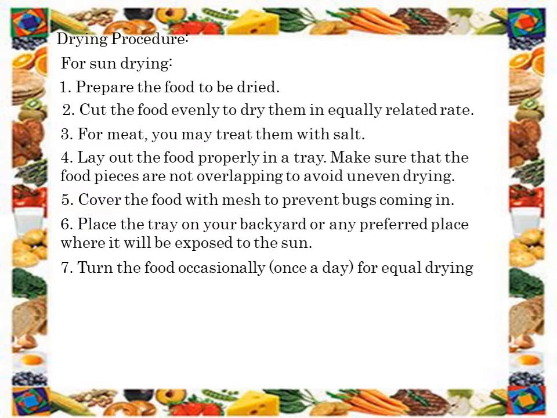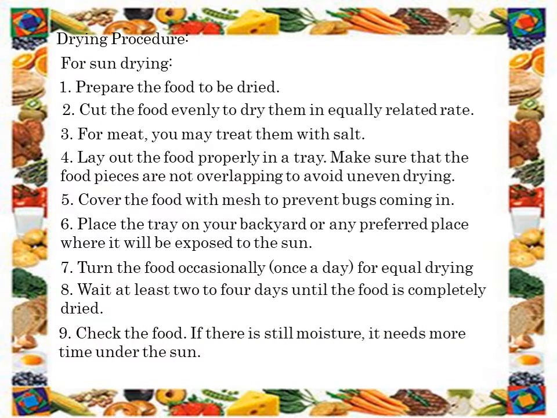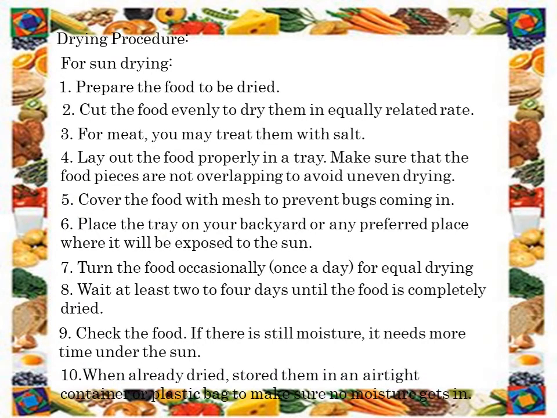Number eight, wait at least two to four days until the food is completely dried. Nine, check the food. If there is still moisture, it needs more time under the sun. And lastly, when already dried, store them in an airtight container or plastic bag to make sure no moisture gets in.